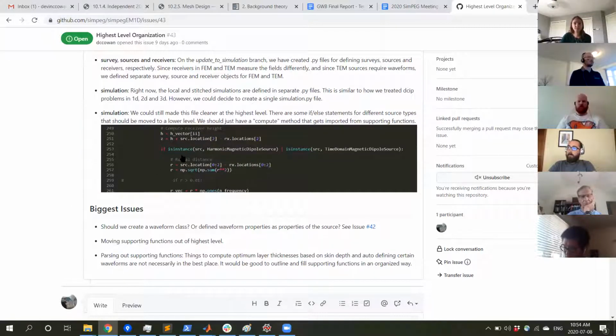So there's a lot of if statements, if it's this type of source or so on. And it would be nice to just have a function defined in there that says compute the Hankel transform, compute the integral, and have that happening somewhere else. I think the highest level could be cleaned up so that it's much easier to read, and then it's calling supporting functions as opposed to putting all of that in the simulation class.